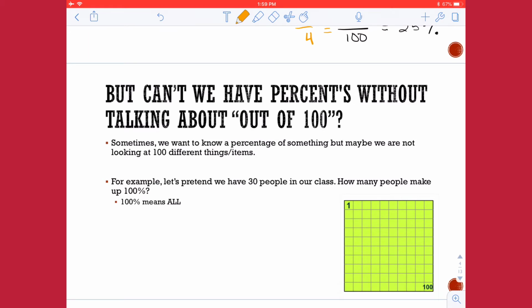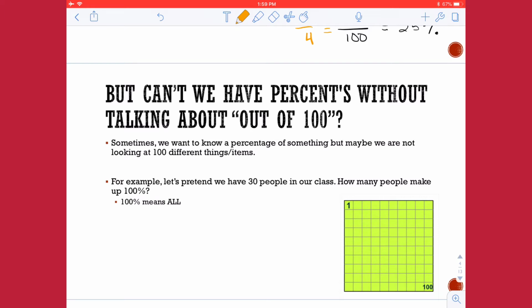Sometimes we want to know a percentage of something, but maybe we're not looking at 100 different things or 100 different items. So for example, let's pretend we have 30 people in our class. How many people make up 100%, right? So I don't have 100 people. I only have 30 people, but I want to know, okay, well, how many people make up 100% of my class?